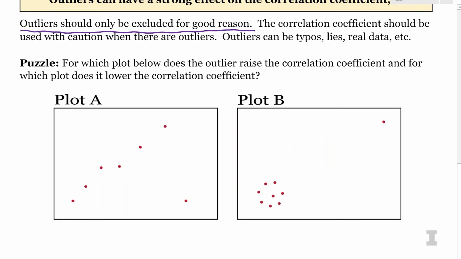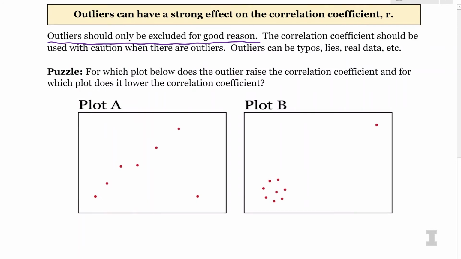This puzzle shows two examples where the correlation coefficient can be drastically affected by just one outlier. The puzzle says: for which plot does the outlier raise the correlation coefficient and for which plot does the outlier lower it? Just looking at plot A, we have this nice group of points that looks like it would form a really nice line with a positive slope.